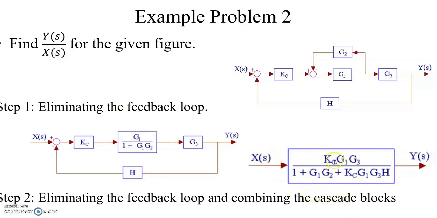After simplification, the final transfer function for this problem, Y(s) by X(s), is KC G1 G3 divided by 1 plus G1 G2 plus KC into G1 G3 H.